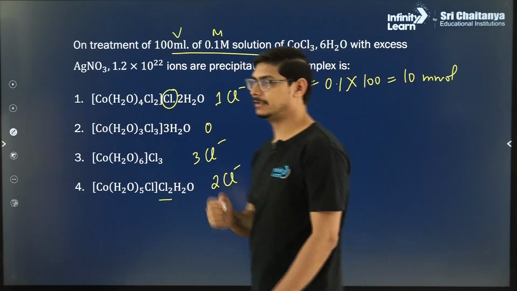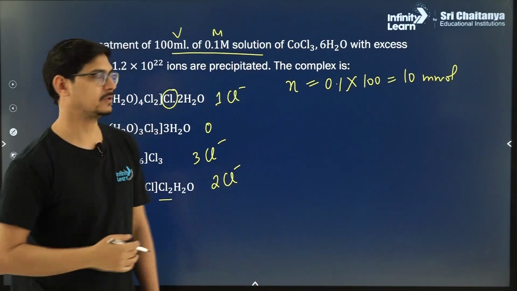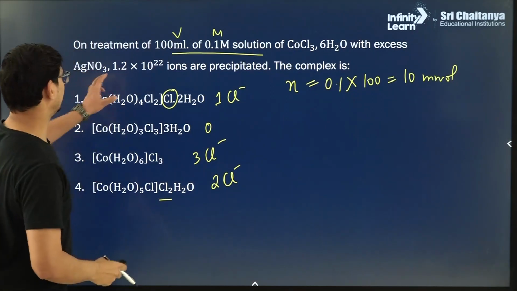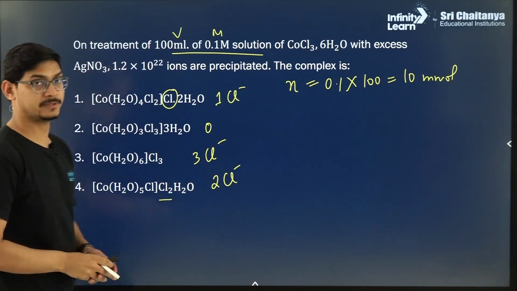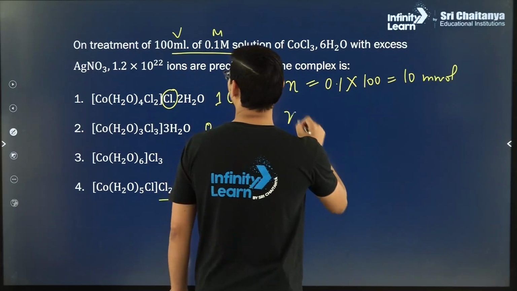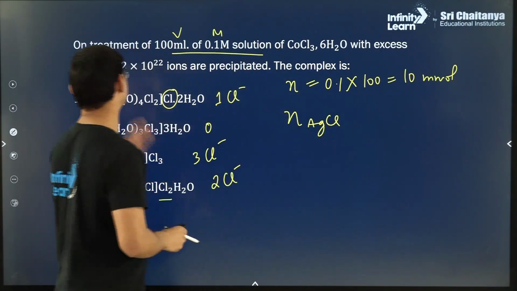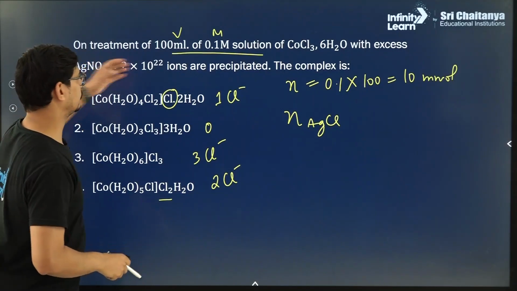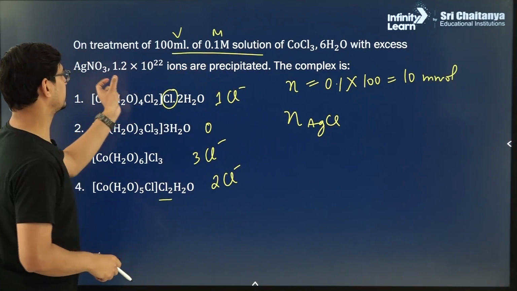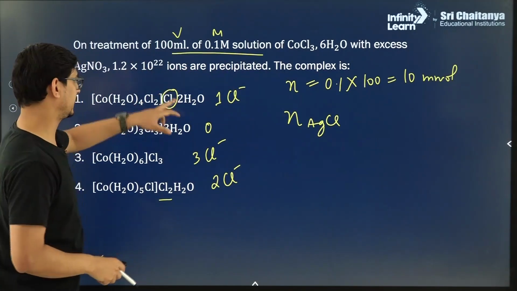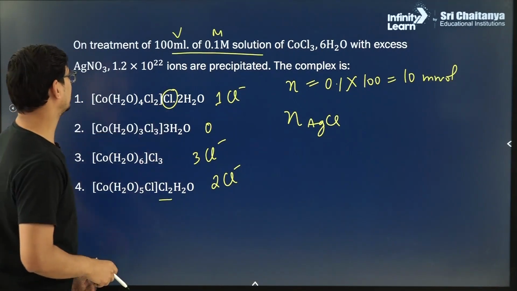That means I am reacting 10 millimole of the complex with how much silver nitrate? 1.2 into 10 to the power 22 ions are precipitated. So the number of moles of AgCl, silver chloride, what is precipitated? These are the ionized chloride ions.